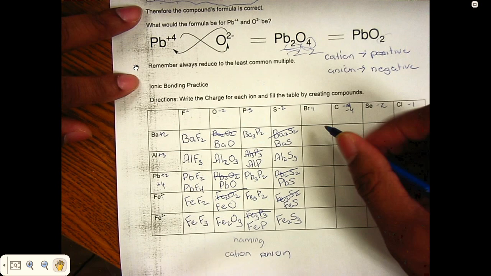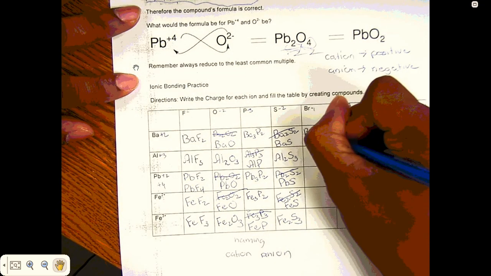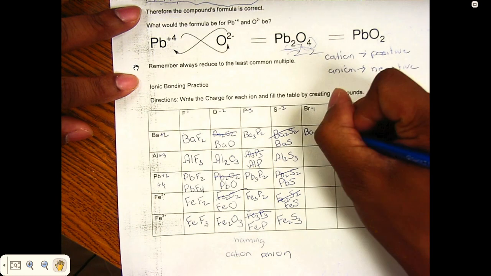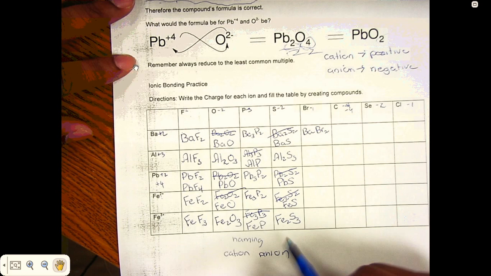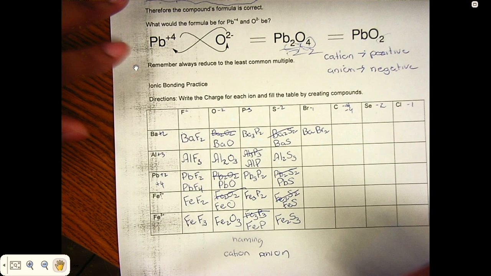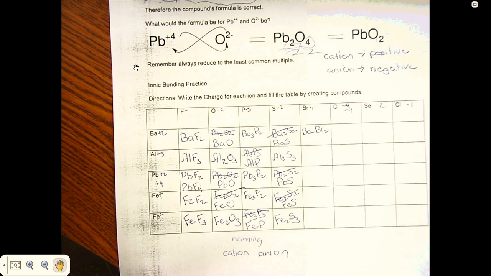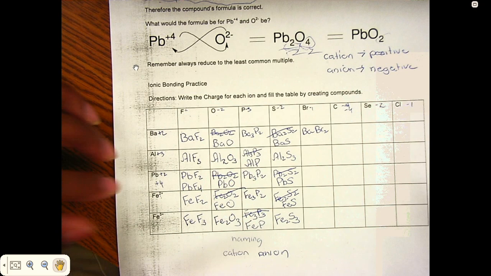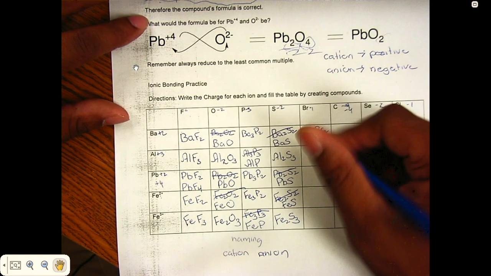Here, your bromine is going to be Ba1 Br2, and that's barium bromide. Notice the anions, these guys just assume an "ide" suffix, and then the cations just maintain their status quo of their original names.